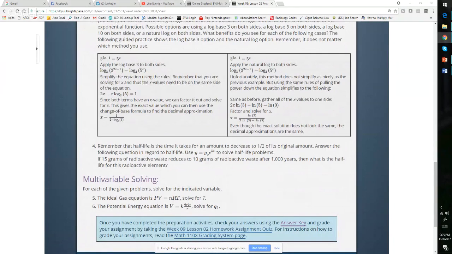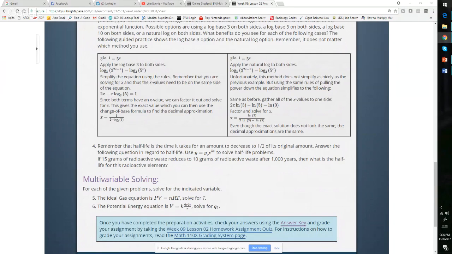We needed to find two things: k, and then, once we found k, the new time of the half-life for 15 grams going down to 7.5 grams.